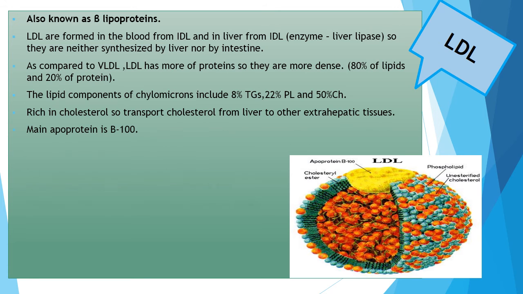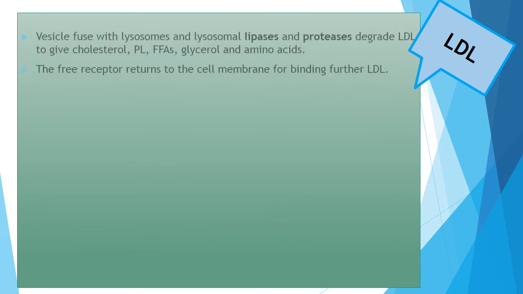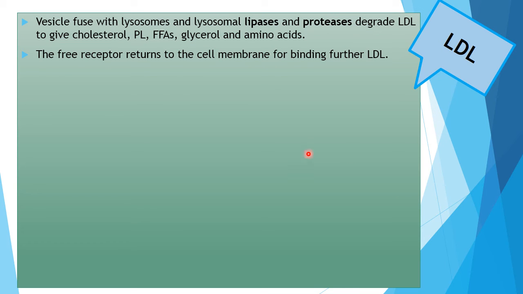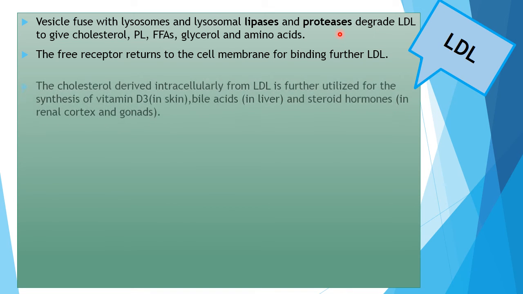Okay, this is over. Now vesicles are fused by lysosome, and lysosomal lipase and proteases degrade LDL to give cholesterol, phospholipid, free fatty acid, glycerol and amino acid. The free receptor returns to the cell membrane for binding further LDL.